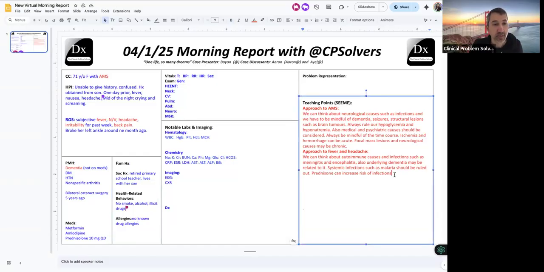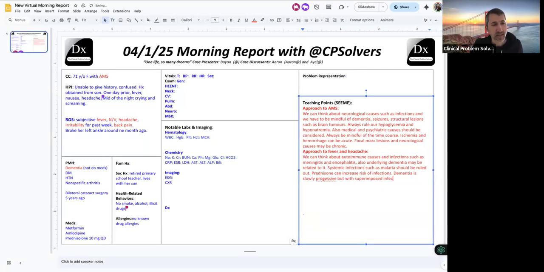Most dementias are pretty slowly progressing. The neurodegenerative dementias or vascular dementia are pretty slowly progressive. They can have acute worsening if there's a superimposed infection or other systemic insult, a hospitalization. Just the change in environment can disorient patients and they can get acutely worse.